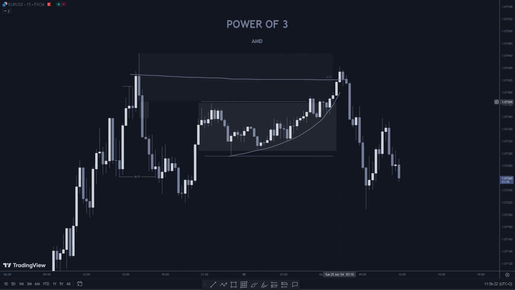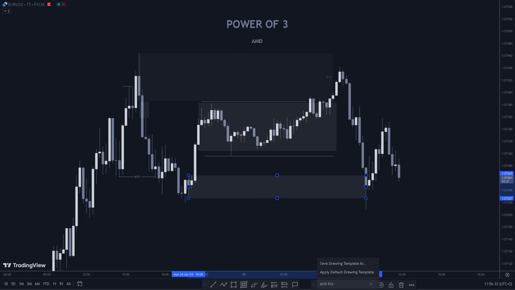What we can also do right here on the 1 minute, I can go on the smaller time frame, I'll show you. We also can aim for this M15 POI, because this POI made this big move, break of structure, again liquidity sweep, and liquidity to be taken right here.